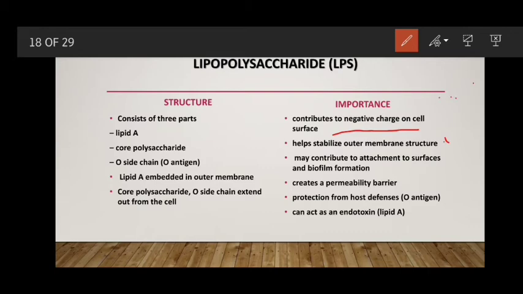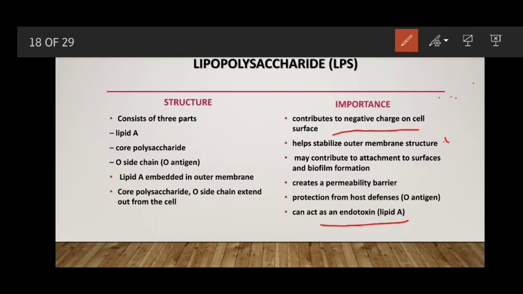LPS may contribute to bacterial attachment to surfaces during biofilm formation. A major function of LPS is that it aids in creating a permeability barrier through restricting the entry of bile salts, antibiotics and other toxic substances that might kill or injure the bacterium.